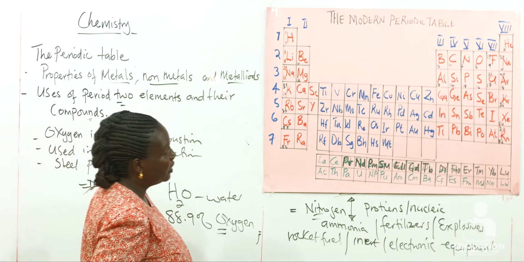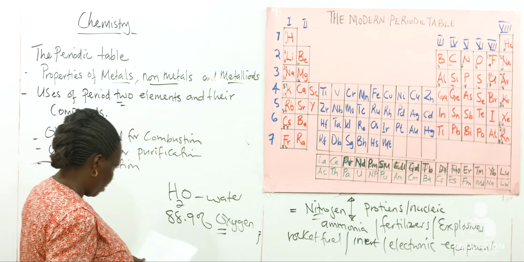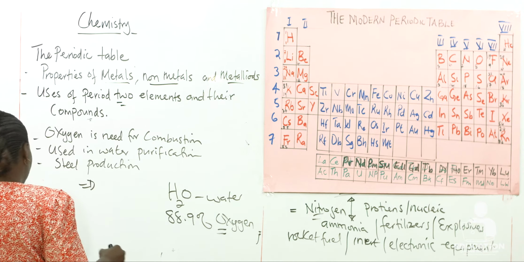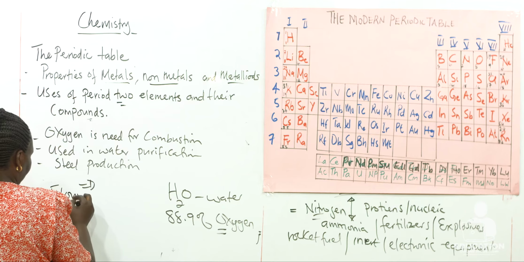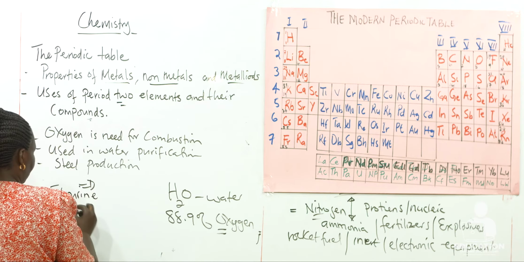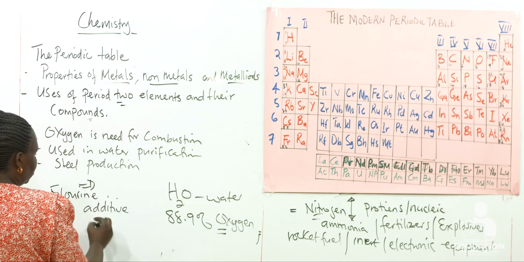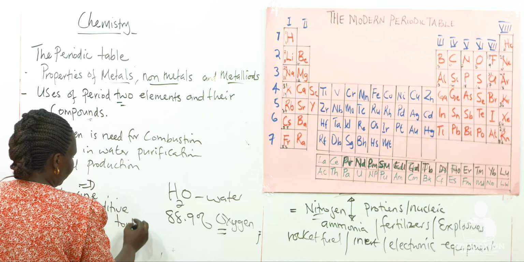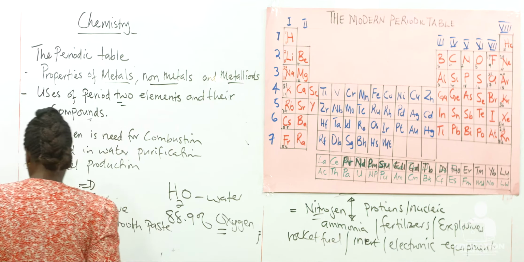Then we have fluorine compounds. Fluorine is the second to the last before neon. Fluorine is used as an additive in toothpaste. When you look at the components of toothpaste, you find fluorine is there.